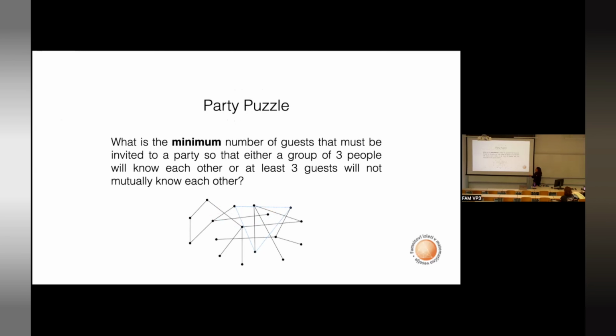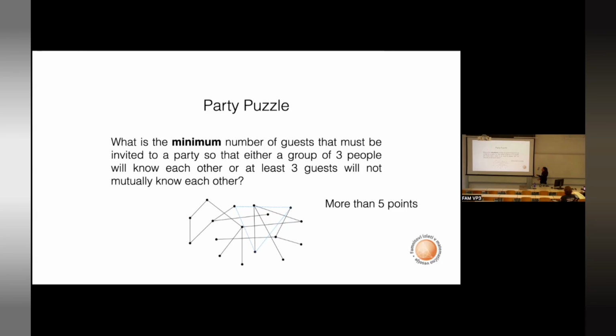So if we have the black lines and the others that are not here, since we have more than 5 points, we will have either a black triangle or a blue invisible triangle.